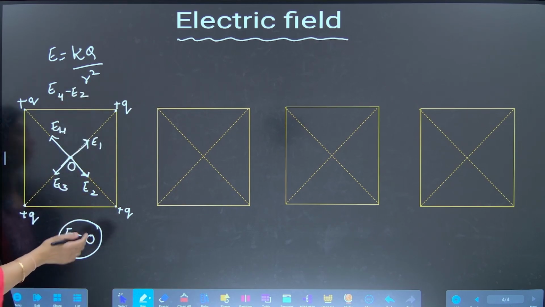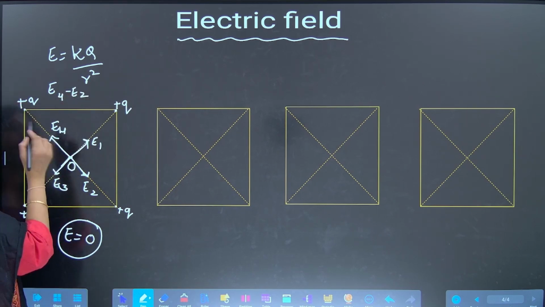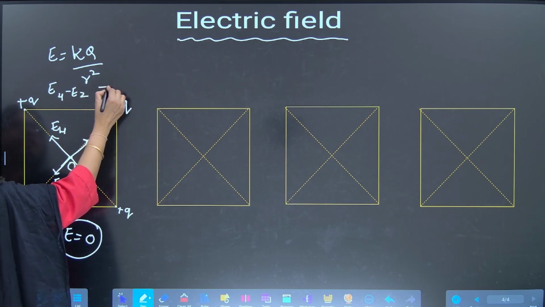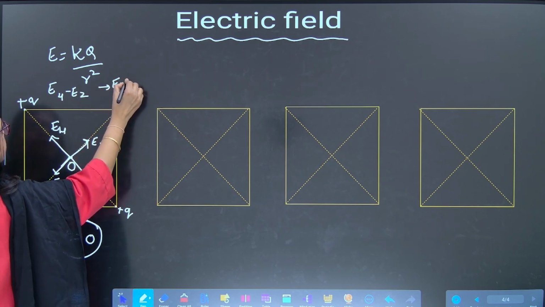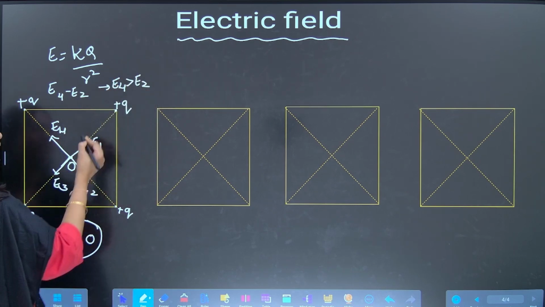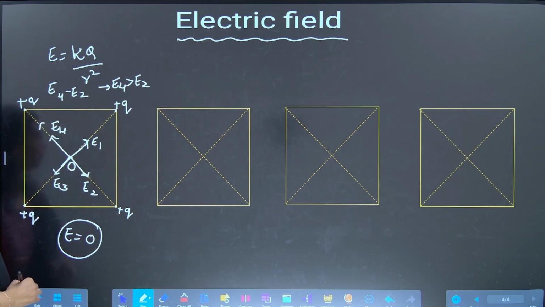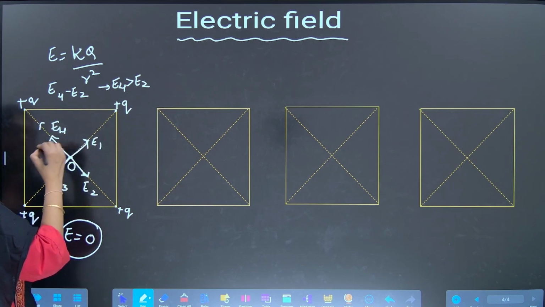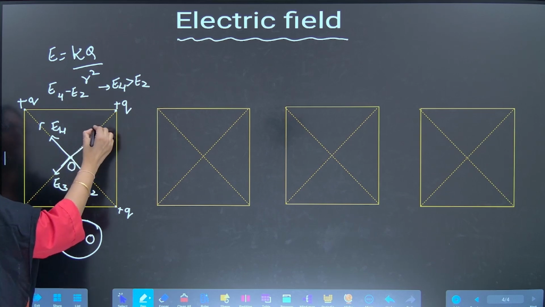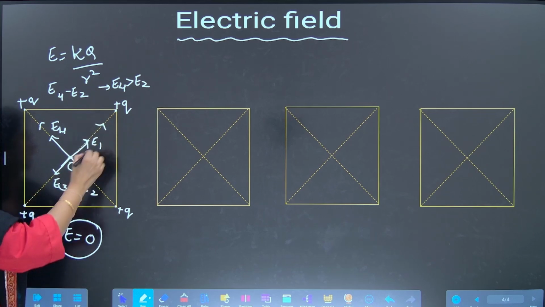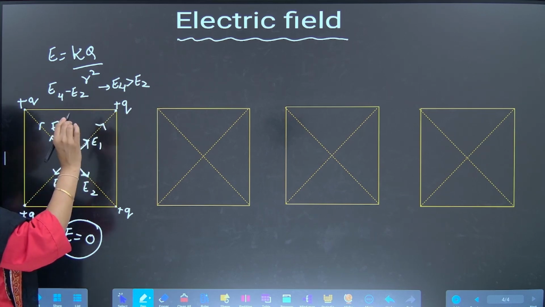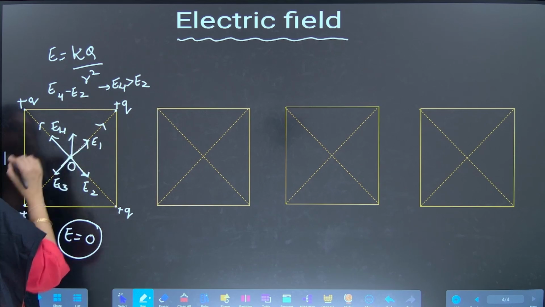Depending on which is big, the direction will be that side. Suppose E4 is greater than E2, then the direction of this resultant will be towards E4. Similarly, here if E1 is greater than E3, then the direction of the resultant of this diagonal will be towards E1. So the resultant is above.